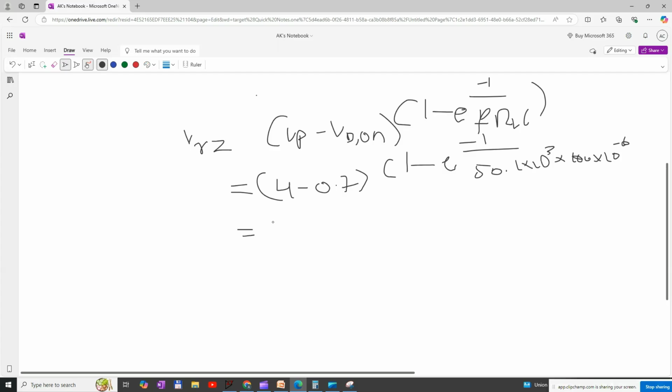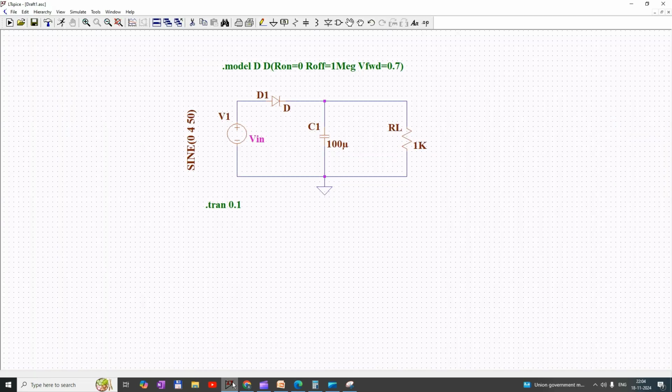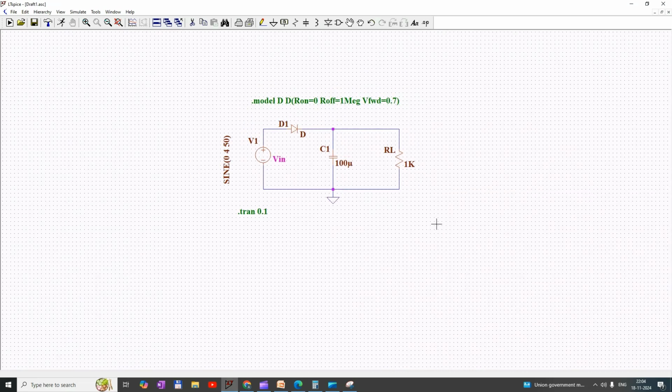If we simplify this, we will get an approximate value of 598 millivolt. Let us verify this in simulation.